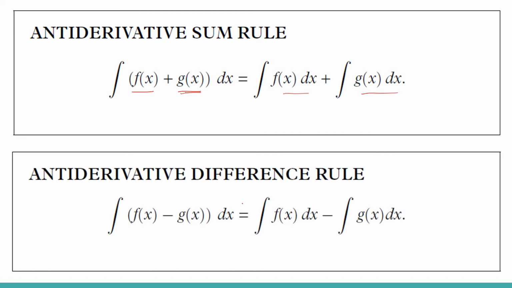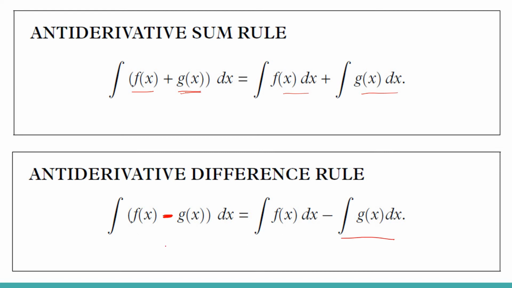And then, similar is the difference rule, but with the subtraction sign: the integral of f of x minus g of x with respect to x equals the integral of f of x dx minus the integral of g of x dx.